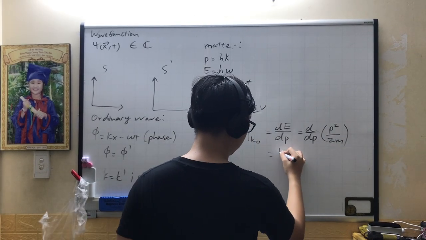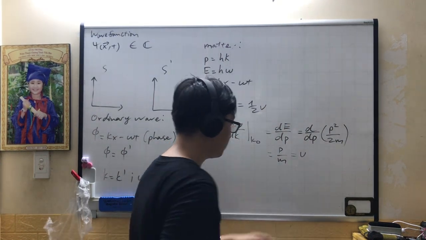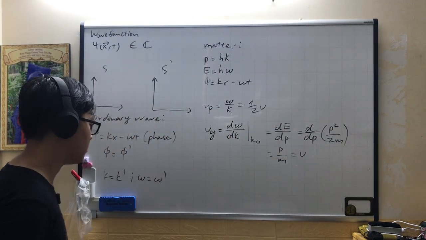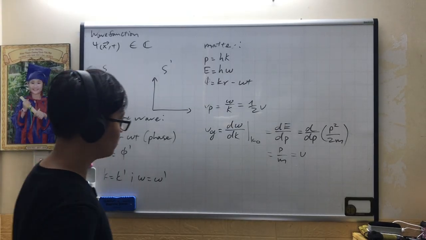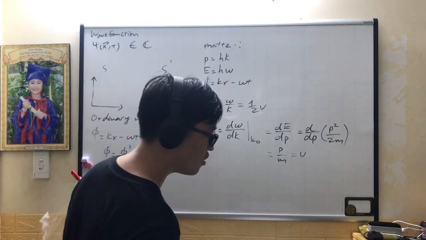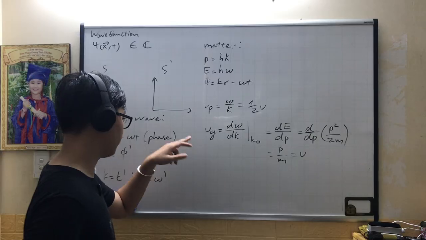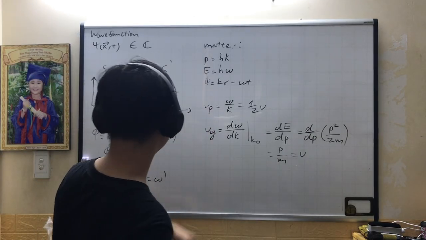This would give us p over m, and p over m is our desired velocity. So when we say velocity, we would like to deal with the group velocity and not the phase velocity.